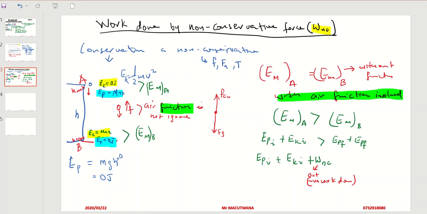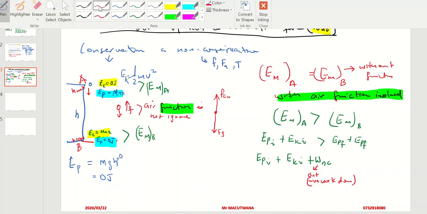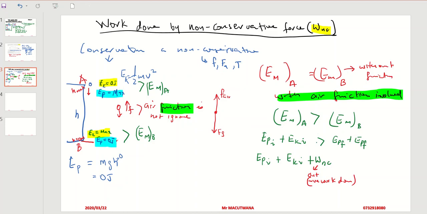So in other words, we're saying the energy we had before, we're reducing it. We're decreasing it now because it was bigger. Then once you bring this WNC, it means we are decreasing the energy. So that now the two, that is mechanical energy at A, will be equal to mechanical energy at B. That is, initial energy must be equal to the energy finally.